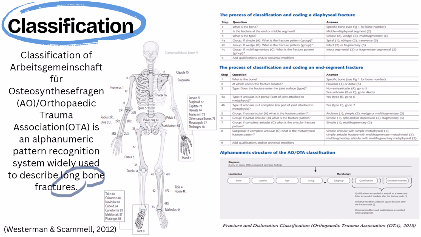You can read this, and this is the process of classification and coding of a diaphysis fracture, and the classification and coding of an end segment fracture, the alphanumeric structure of the Orthopedic Trauma Association classification.